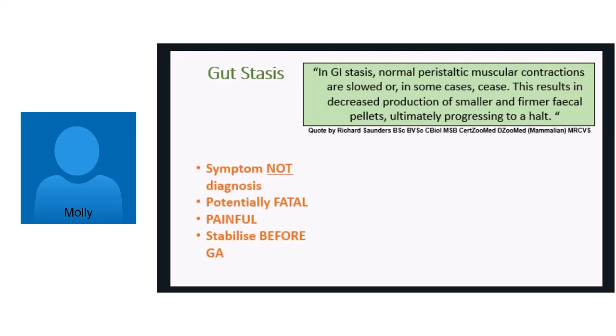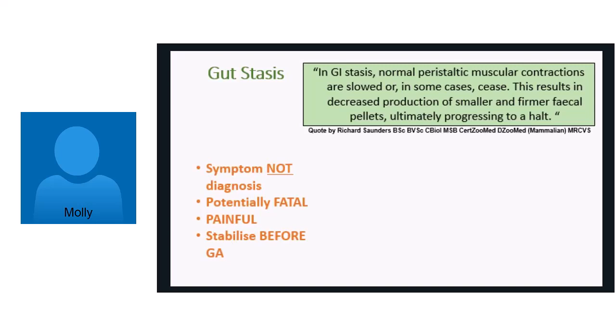It's also important to remember that gut stasis is potentially fatal. So while historically we might have waited 24 hours and just monitored, these days if a rabbit isn't eating, I tend to try and get that animal seen and examined potentially within 6 to 12 hours, and certainly I wouldn't ideally leave it overnight.